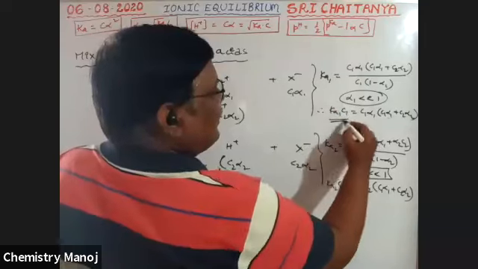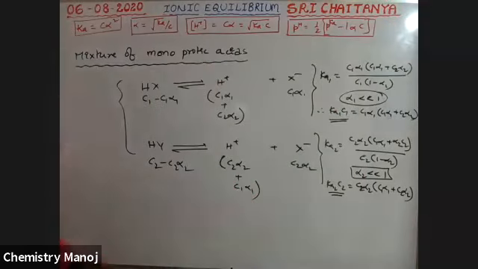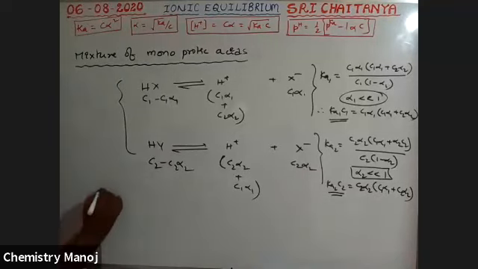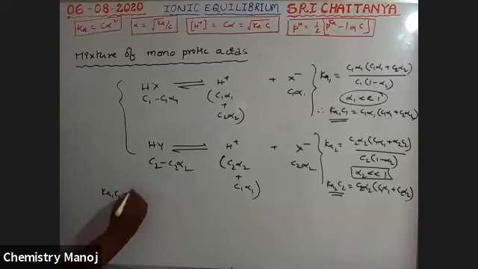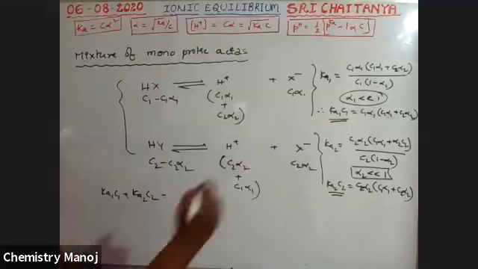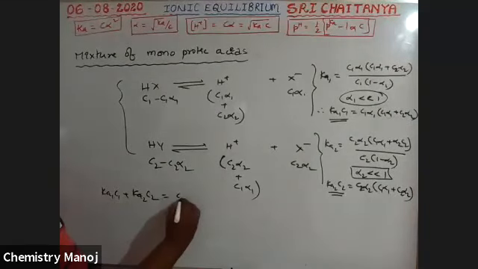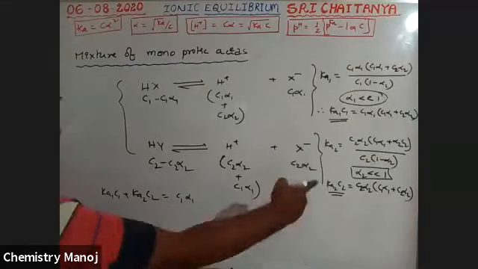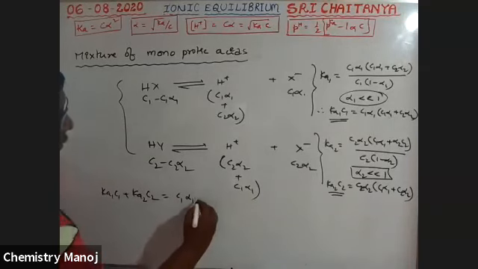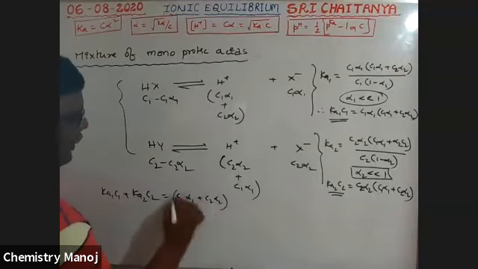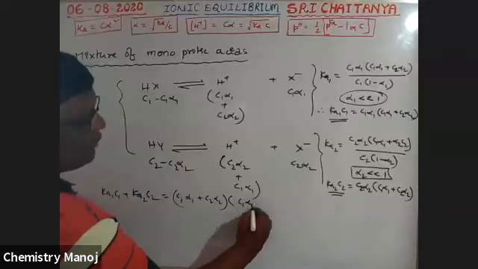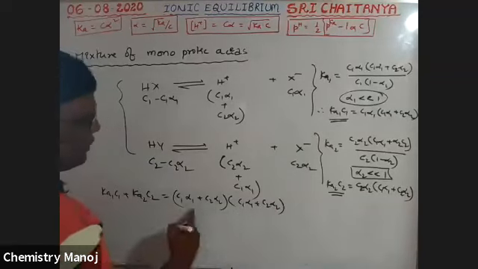So Ka1 C1, Ka2 C2. The total value I am trying to calculate is Ka1 C1 plus Ka2 C2. So that is equal to that one plus this one. Therefore C1 alpha 1 and C2 alpha 2 are both common. So that is C2 alpha 2 into (C1 alpha 1 plus C2 alpha 2), and C1 alpha 1 into the same. So both these are the same.